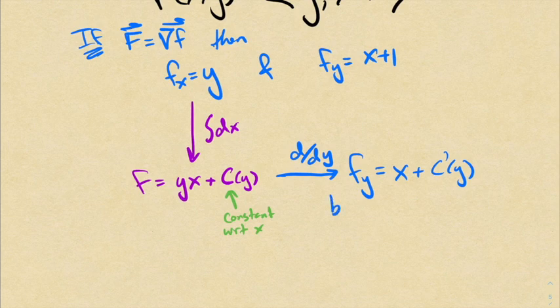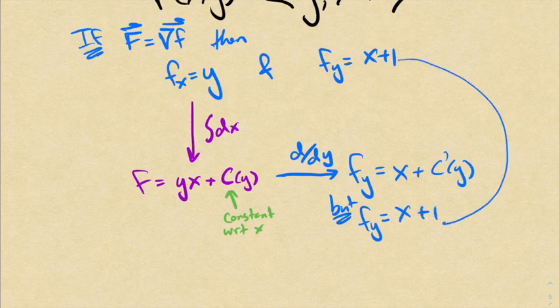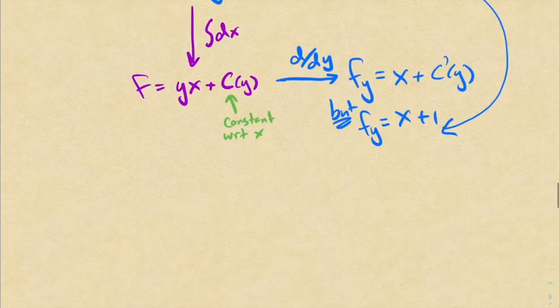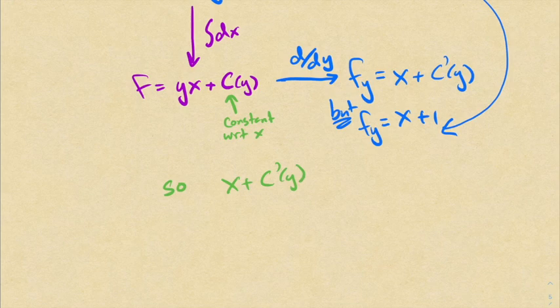But the partial with respect to y is also x plus 1. Right? That's what we got above, because it's part of the gradient. So putting it together, we would need x plus c prime of y to equal x plus 1. Or we can cancel the x's and say c prime of y has to be 1.